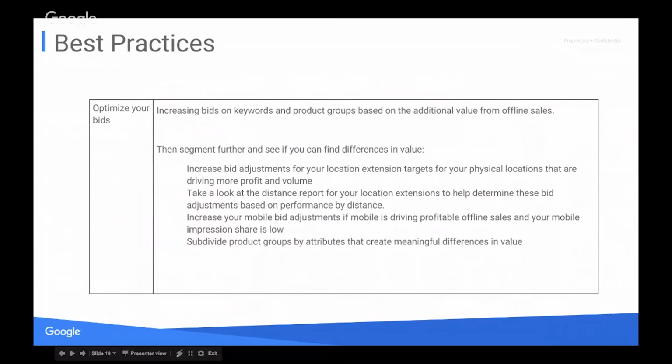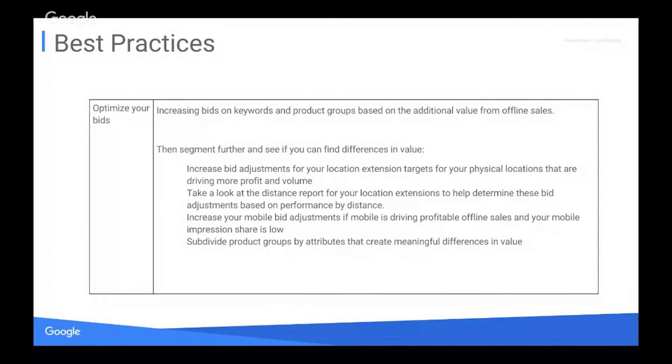Increasing bids on keywords and product groups is based on the additional value that you would get from offline sales. Now, if you take a look at the distance report from your location extensions, you can decide on what bid adjustments you want to place on which location. You can increase your mobile bid adjustments if mobile is profitable for driving offline sales and your mobile impression share is low.